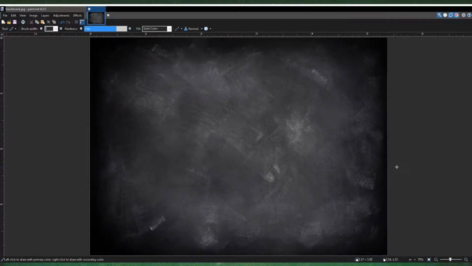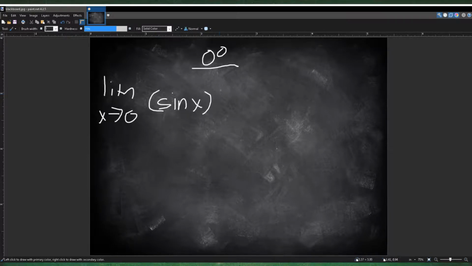So let's start working with the 0 to the power of 0 case. If we had the limit as x approaches 0 of sine of x to the power of x, what's the limit of that?